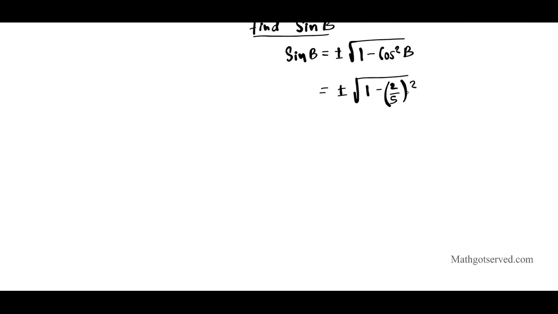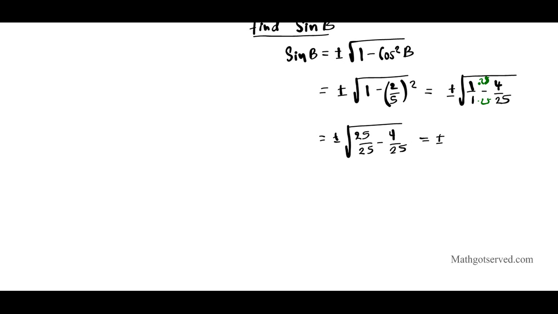Let's do some arithmetic to figure out what sine B is. We're going to have plus or minus the square root of 1 over 1 minus 4 over 25. To find the LCD, we'll multiply top and bottom by 25, so we have plus or minus the square root of 25 over 25 minus 4 over 25.